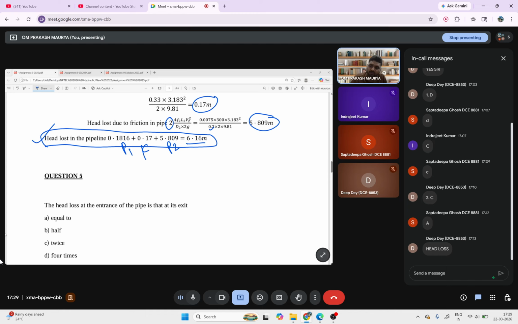Whether it is equal to half, twice, or 4 times. The head loss at the entrance of a pipe is that at its exit. So what should be the correct one?